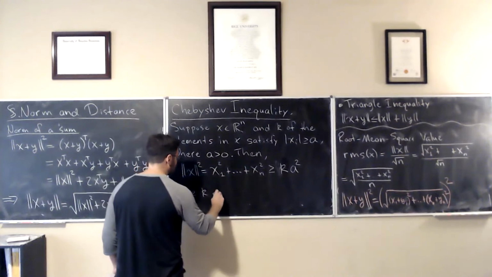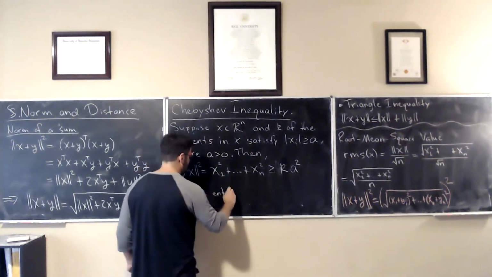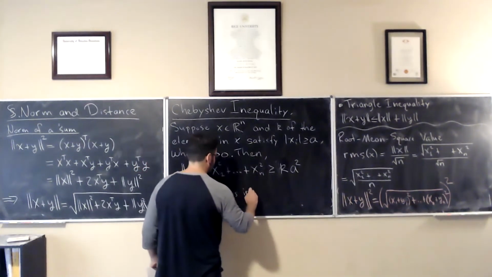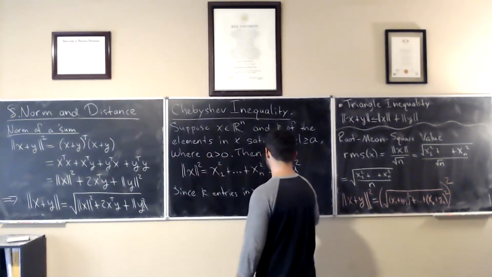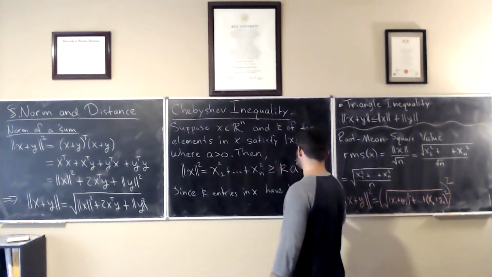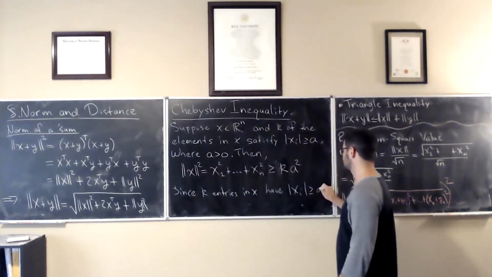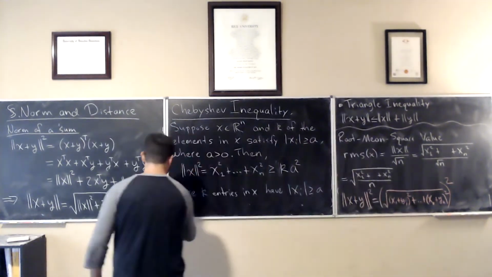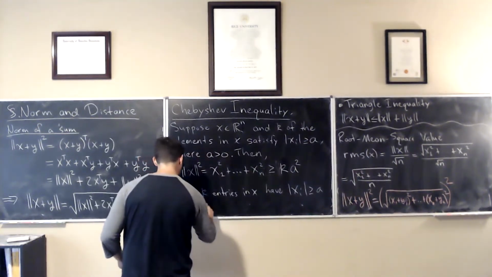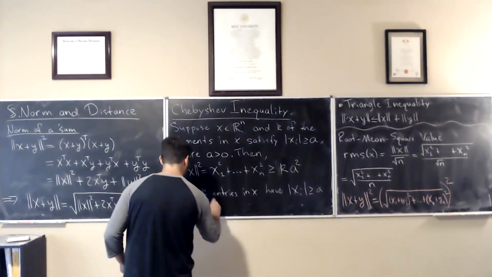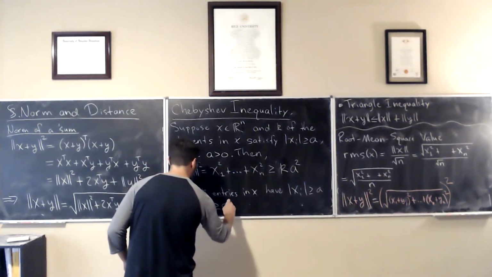k entries in x have xi in absolute value greater than a, implying that xi squared is greater than or equal to a squared.